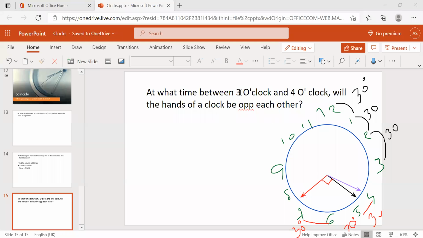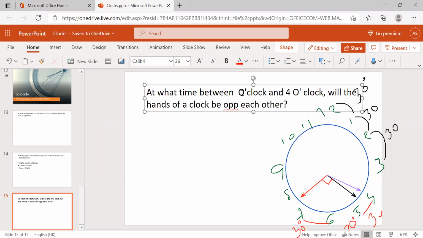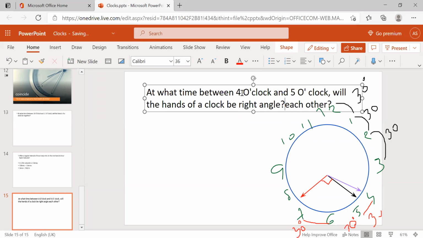So now the question is: find the time between 4 o'clock and 5 o'clock when the hands of the clock will be at a right angle. Now you just see what I said. The hour hand lies between 4 and 5.